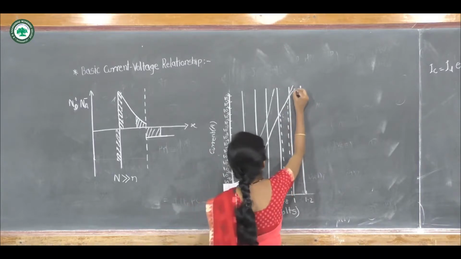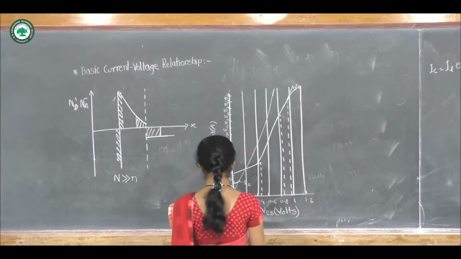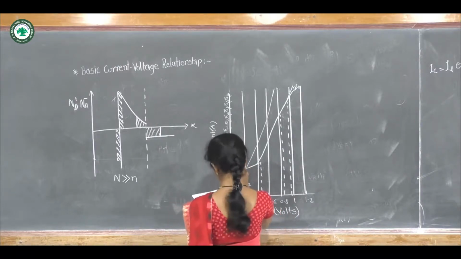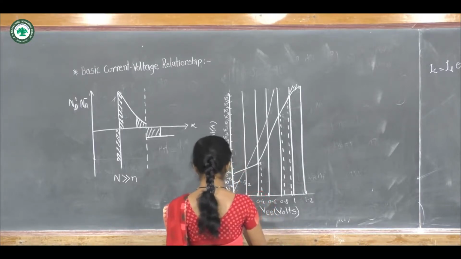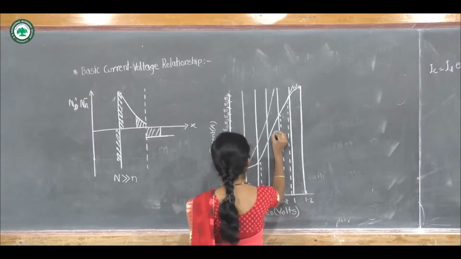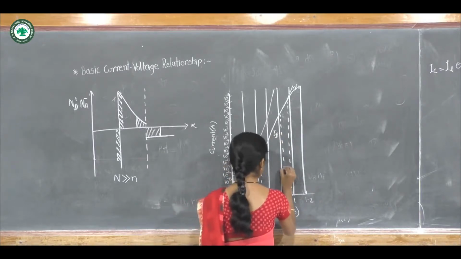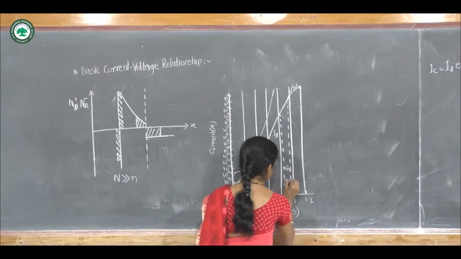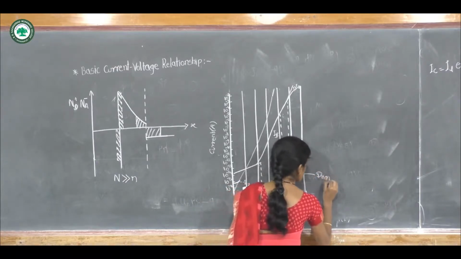This difference is n into IB. This is the region which gives RB into IB, and this region is called the drop region.